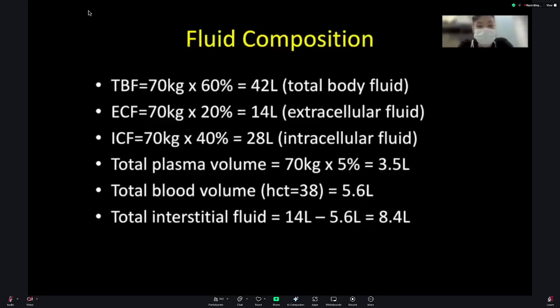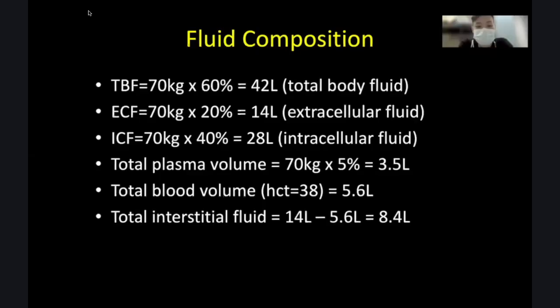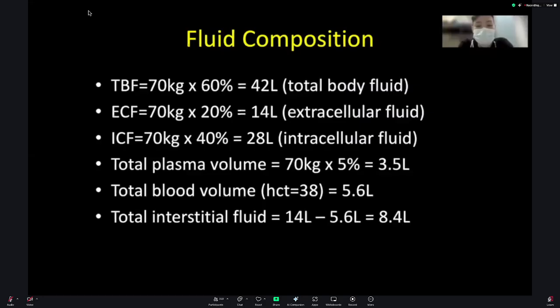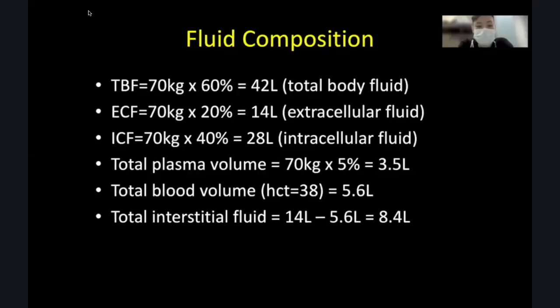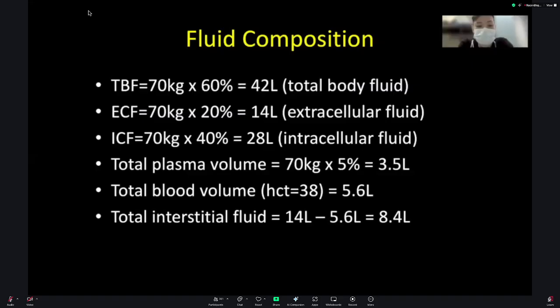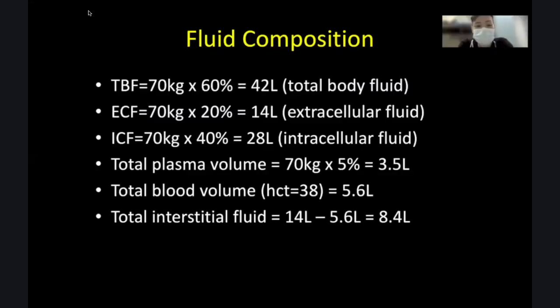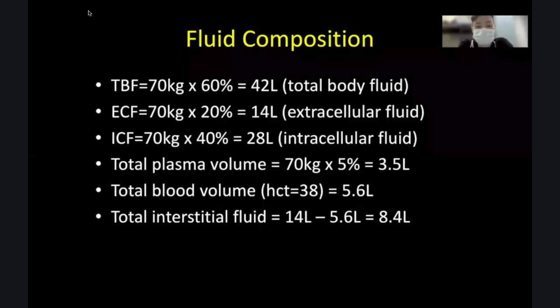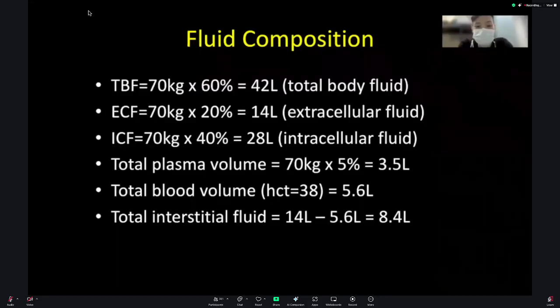So this is the computation for total body fluid. The reference is for a male, since it's 70 kilograms. You multiply that by 60%, since that is the total body water, and you will have a total body fluid of 42 liters. To compute the fluid in the extracellular fluid compartment, you multiply it by 20%. For the intracellular fluid compartment, multiply it by 40%.